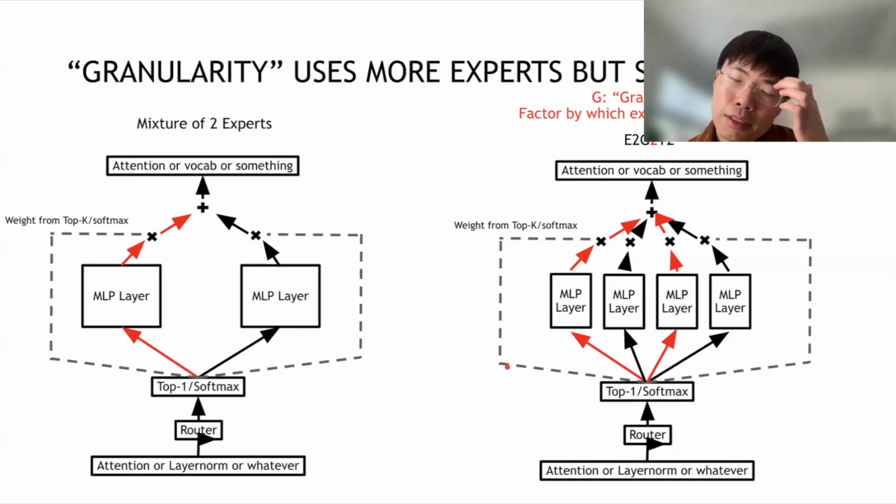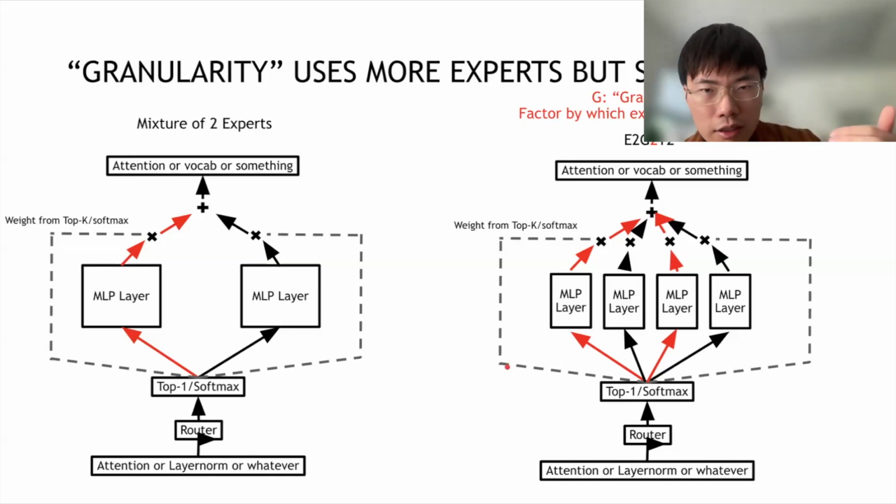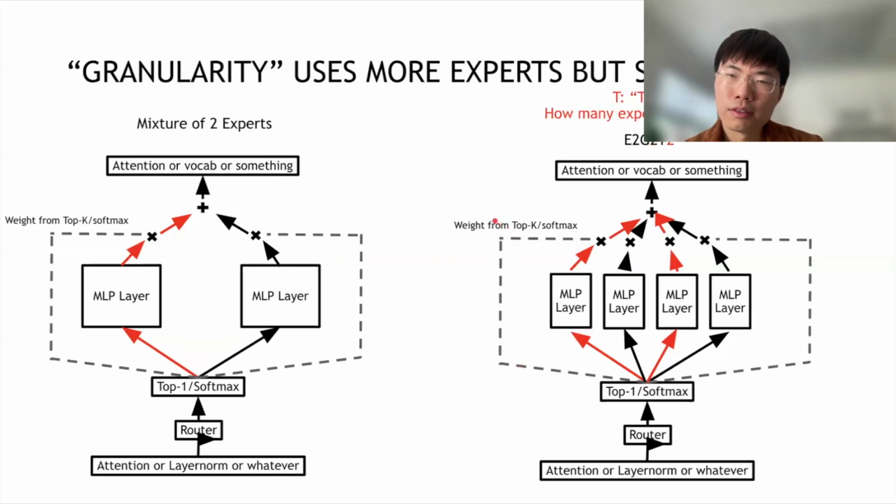We segment the intermediate dimension because the input hidden size and the output hidden size can stay the same. Only the intermediate projection part gets smaller. So this maintains the other parts of the network unchanged. So it's kind of like you cut the parameters in half to get more experts.